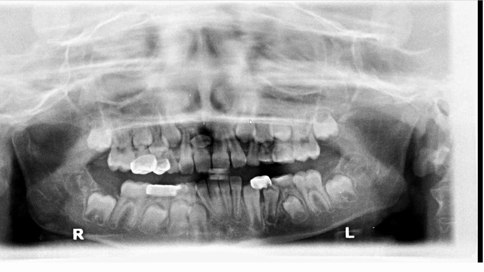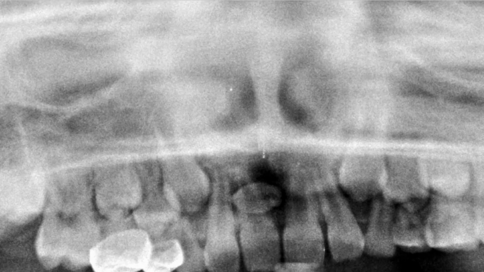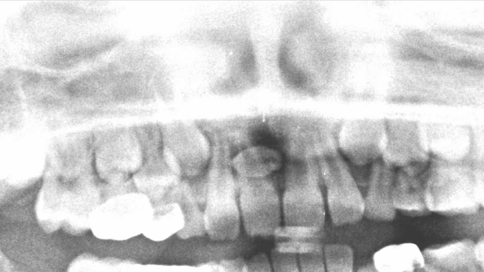Now let's go back to our panoramic radiograph one more time and re-examine this area. Let me try to play with the contrast, right? Even then, I'm unable to bring out the dilacerated root portion that runs down something like this. It just looks very much like oval-shaped radiopacity.